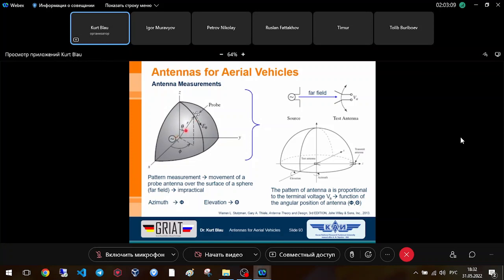So, if we have a very large antenna, then the far field distance, expressed in wavelengths, is not very large, but if the antenna is low frequency, the wavelength is very large.